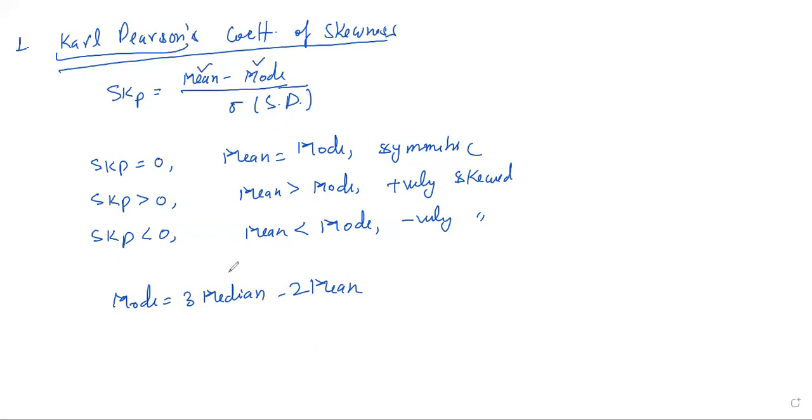Here the relationship is given between mean and mode. Now we want to establish a relationship between mean and median. So we substitute the value of mode into this equation and see what we get.